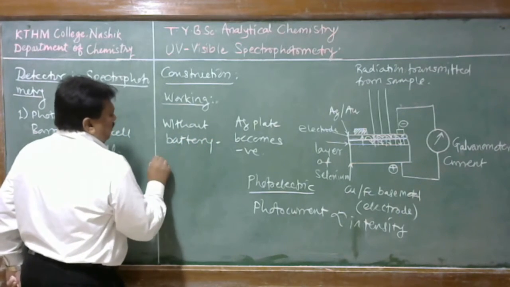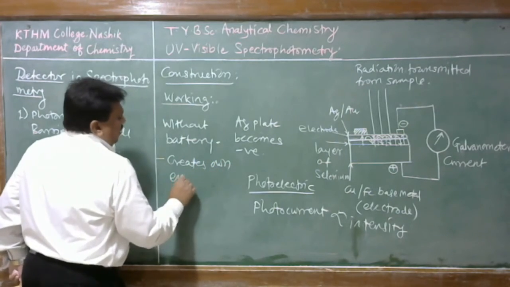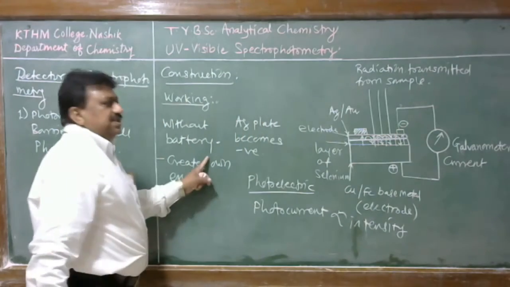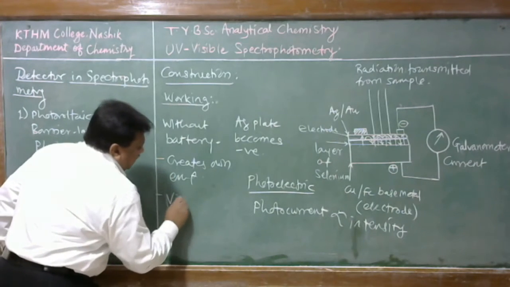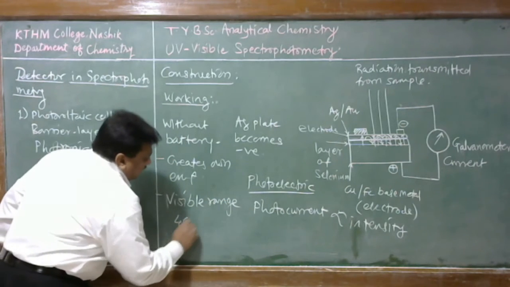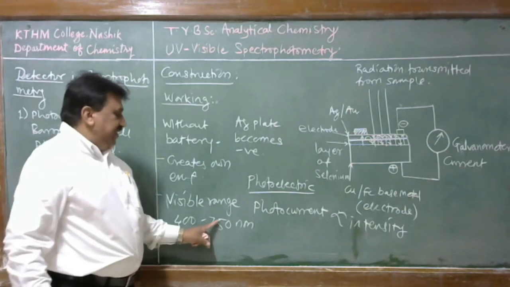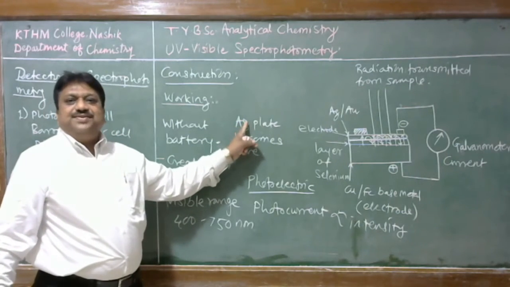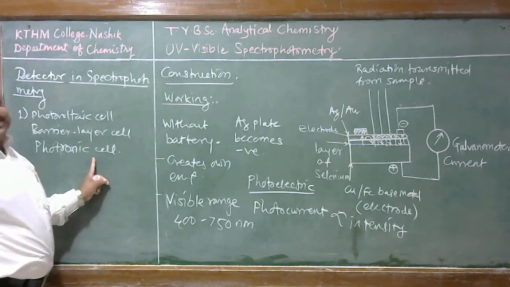This detector creates its own EMF. Therefore here EMF is created because of photoelectric effect, and this is a simple detector useful over the total visible range. That is, it is useful from 400 to 750 nanometer. Therefore all types of radiation in visible region are detected by means of this photovoltaic cell or barrier layer cell or photonic cell.